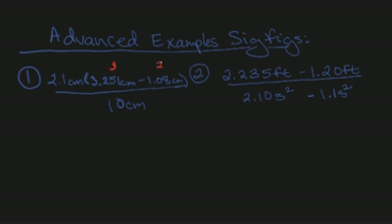So if we were to do that without any rounding, that would be 2.171 centimeters. But remember, 2 is the least number of decimals that we have after comparing these two. So this one right here should be rounded to 2.